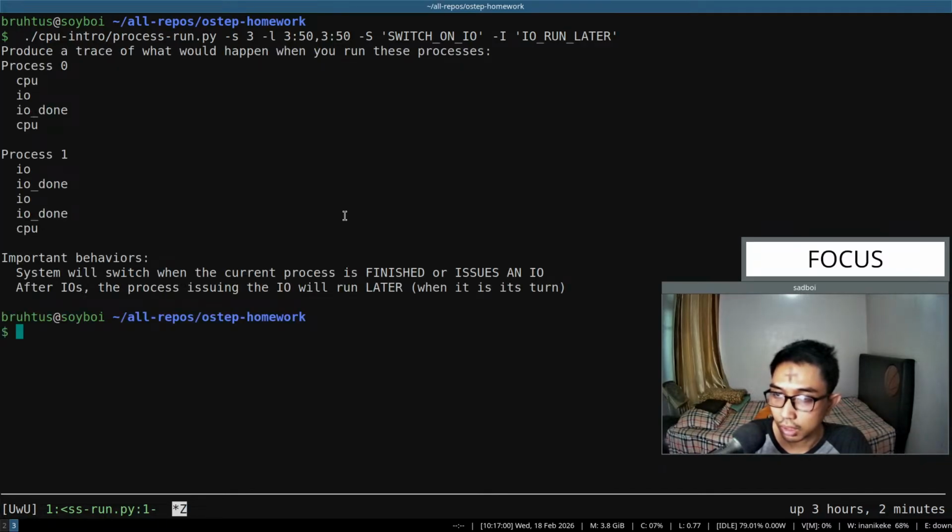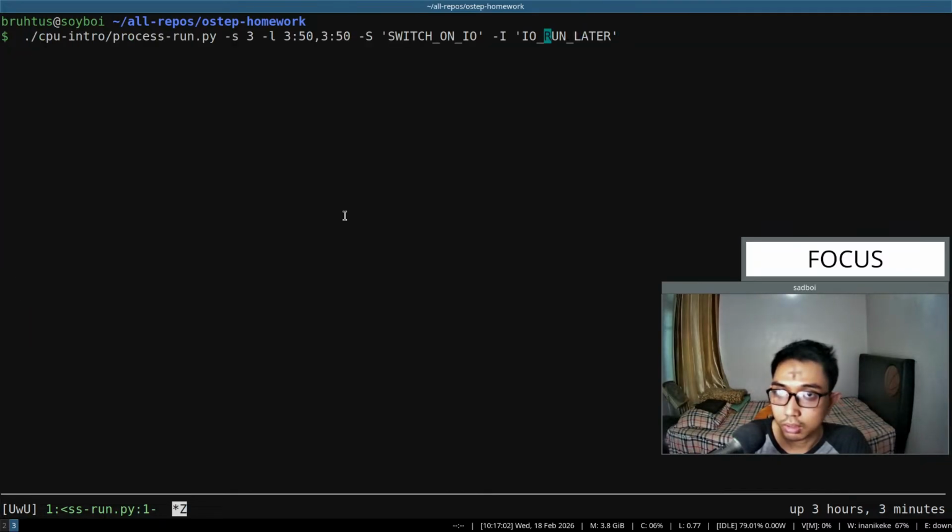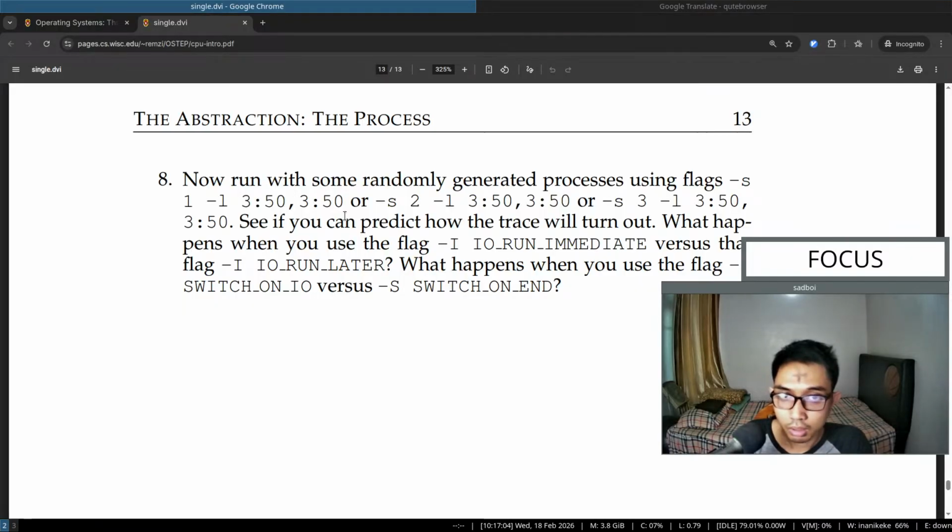Yeah, so far I assume it is consistent. But yeah, let's check the first case, right?